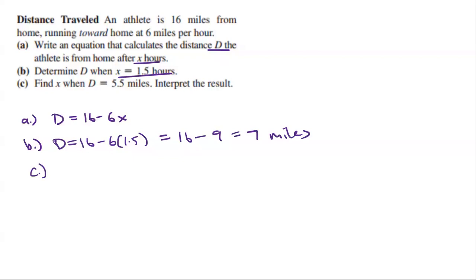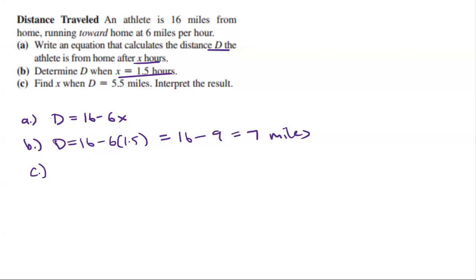And how about C? What's our answer for that one? Part B tells us that when x is 1.5 hours, d is going to equal 7 miles, right? Because we plugged in 1.5 hours for x. So the distance from home is 7 miles at 1.5 hours. But now in this case, instead of finding d, we need to find x for C. It says find x when d is 5.5 miles.